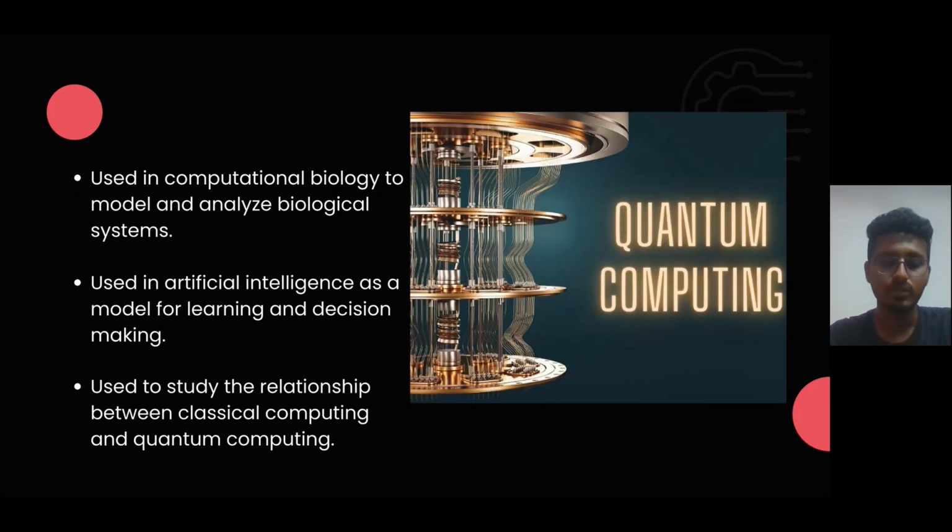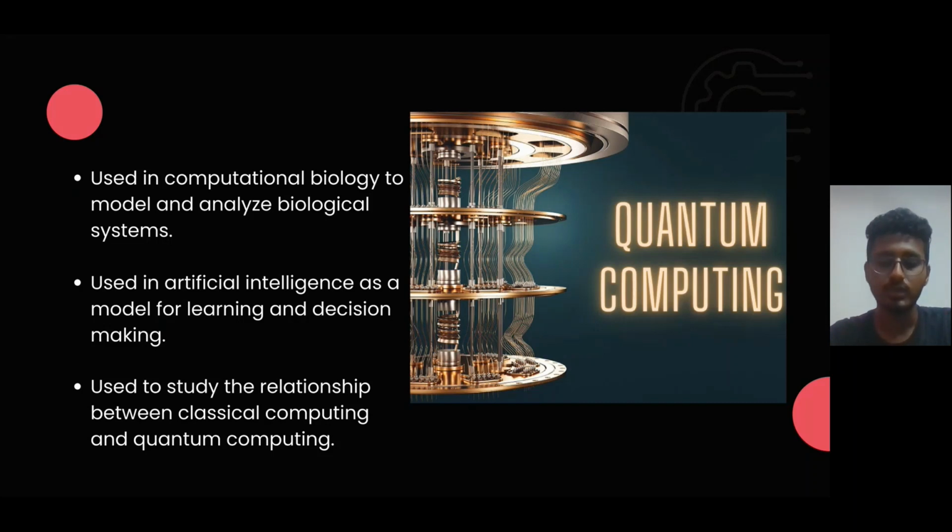Next, they are used in computational biology to model and analyze biological systems. This application is widely renowned and has a lot of limitless applications in the real world for considering new biological systems. It is also used in artificial intelligence as a model for learning and decision making.